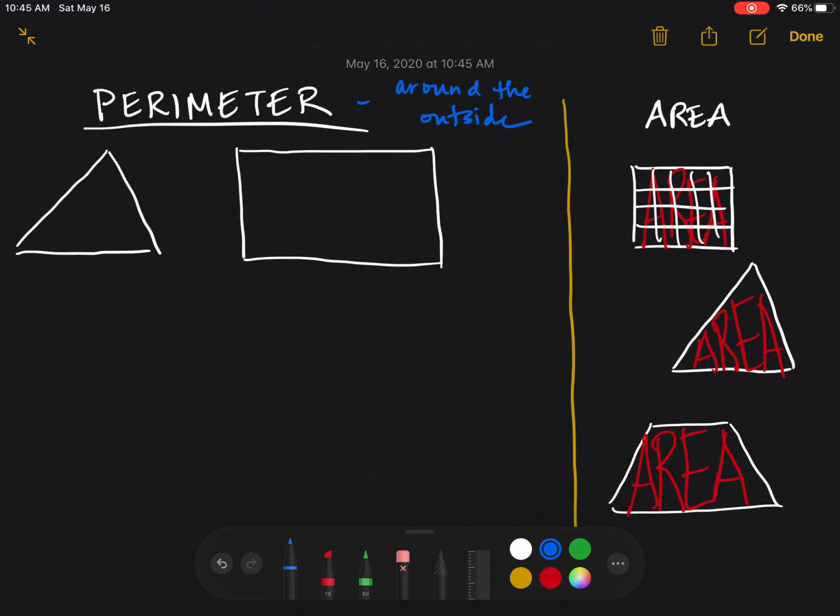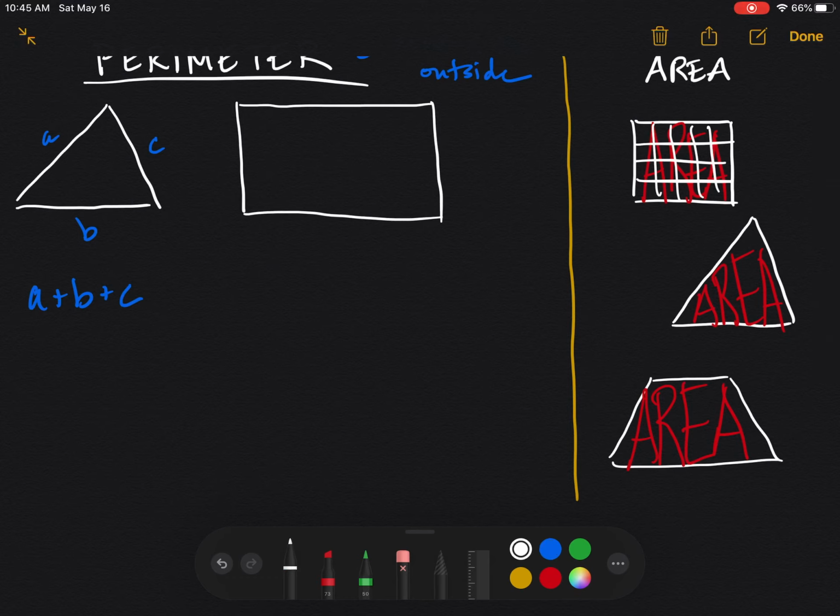So, very simply, if it's a triangle, all we do is add up A plus B plus C, right? And we can do that for any irregular shape too. Let's make something up here. If it's anything, we can add up A plus B plus C plus D plus E to find the perimeter, all right?